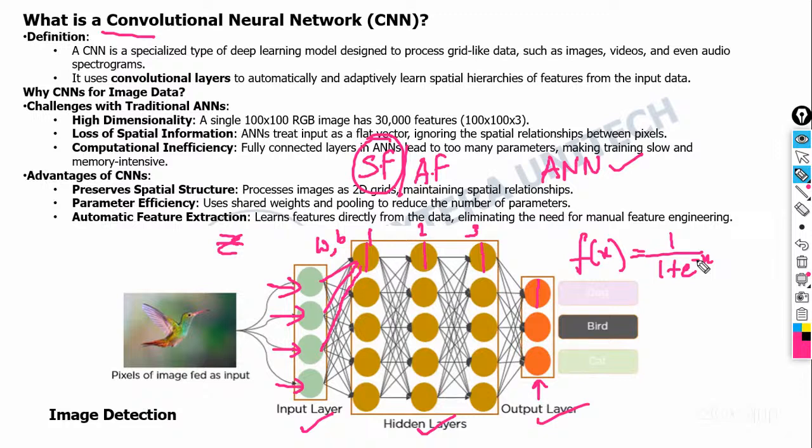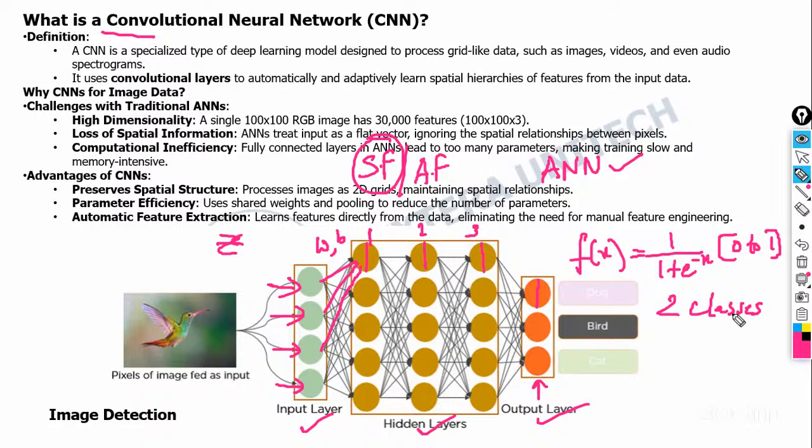So what is the output of a sigmoid function? Since it is calculating probability, the output of a sigmoid function will be 0 to 1. And since I have only two classes, binary classification, right? Two classes, either pass or fail. Person taking loan or not taking loan. Person having disease or no disease.